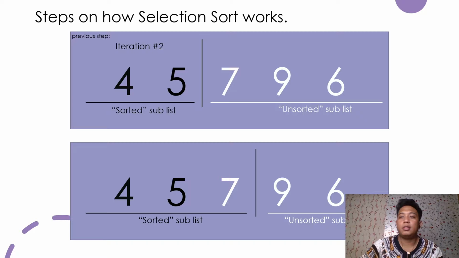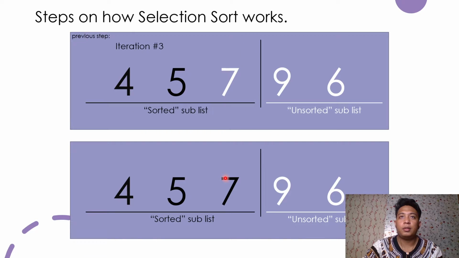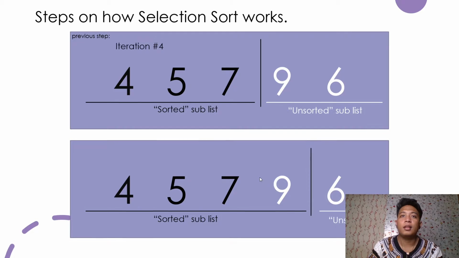And then the next step, we will take number 9 next. Is number 9 lesser than number 7? False. It still stays put there as well as number 7, because it is already inserted: 5, 7, and 9.